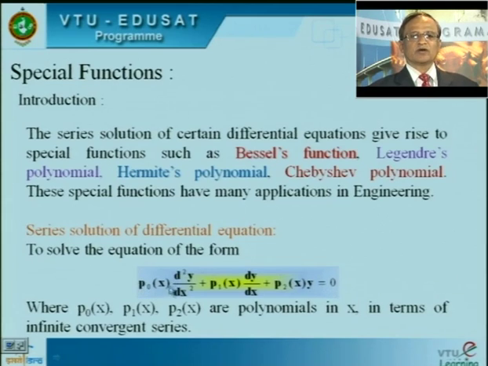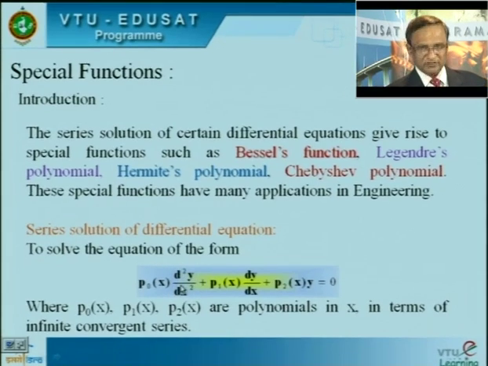Here P0(x), P1(x), P2(x) are polynomials in x, and the solution is in terms of an infinite convergent series. Clearly it is a second order differential equation, because the highest derivative in the given equation is d square y upon dx square.